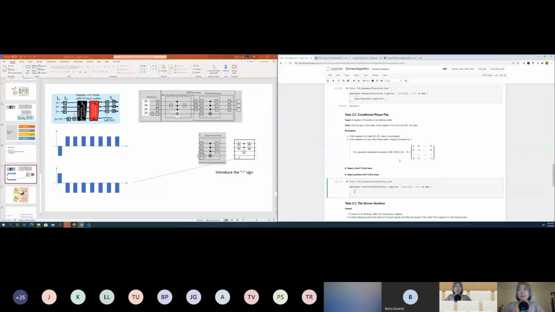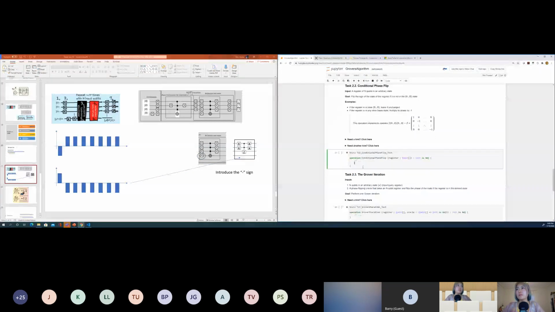The first thing is that you need to set up these X gates, and then the controlled Z gate. This whole kata is nice because it's introducing quite a few operations. There's something called within apply.